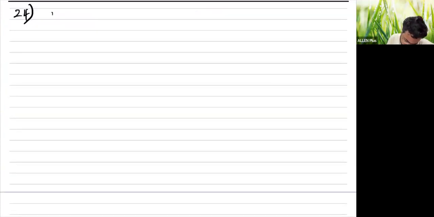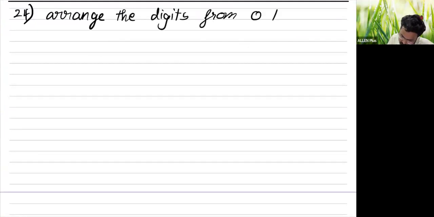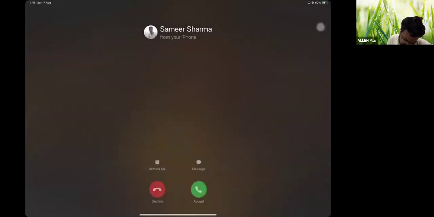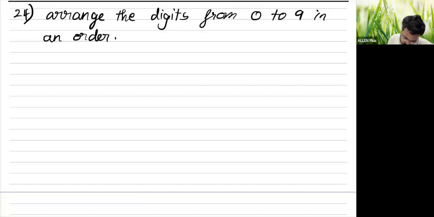Question 24 is: arrange the digits from 0 to 9 in an order. You have to find, first, the total ways to do this.